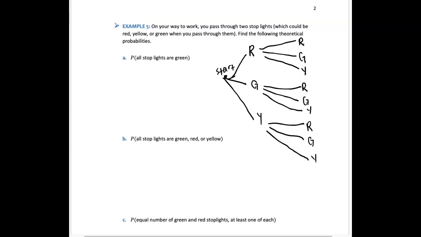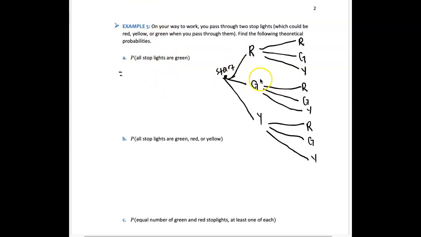So find the probability that all stoplights you pass through are green. So again, we want to look for all the outcomes that satisfy that, divided by the total number of outcomes in the sample space. So looking for all the outcomes where all stoplights are green. Let me use a green pen here.